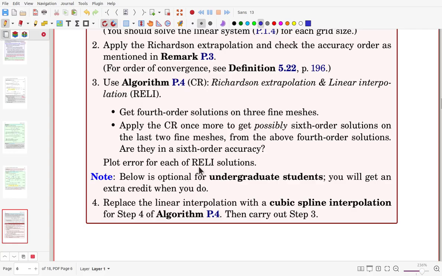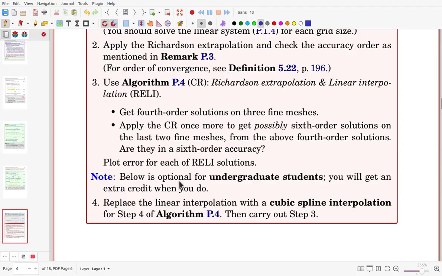Also, for each interpolated solution, the Richardson extrapolation and the linearly interpolated solution, plot the error by subtracting from the exact solution. You can find the error and depict it here. Look at the error plots and report those plots.